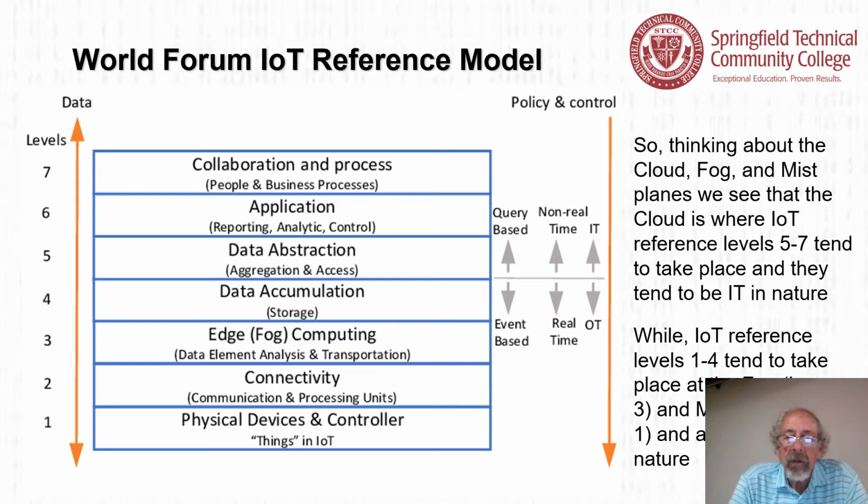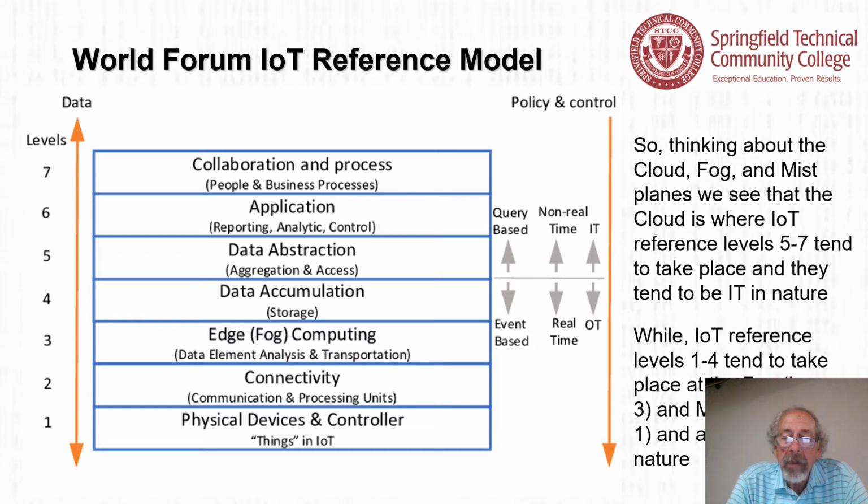So thinking about cloud, fog, and mist planes, we see that the cloud is where IoT reference levels 5 through 7 tend to take place, and they tend to be IT in nature, non-real-time, as shown here, query-based, while IoT reference levels 1 through 4 tend to take place at the fog layer, which is layer 3, and mist planes, layer 1, and are more OT in nature.